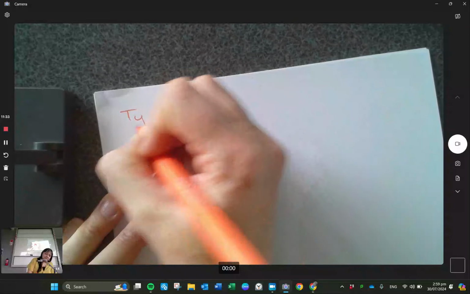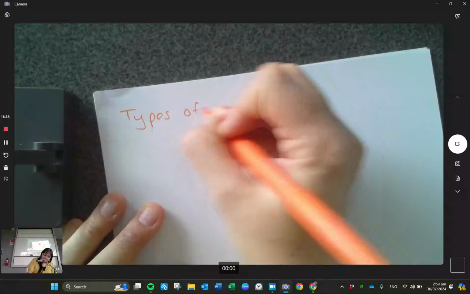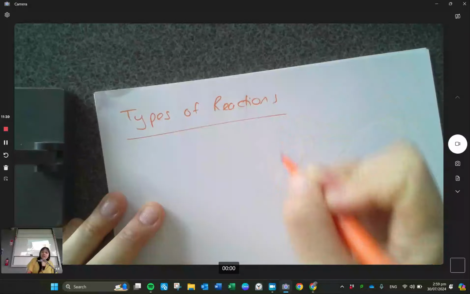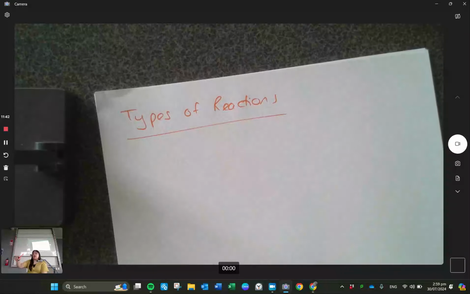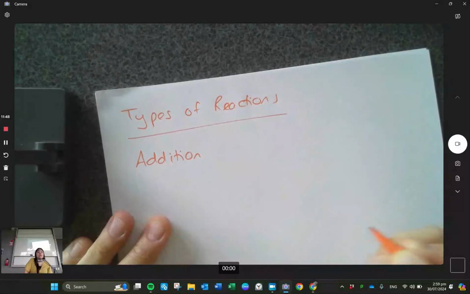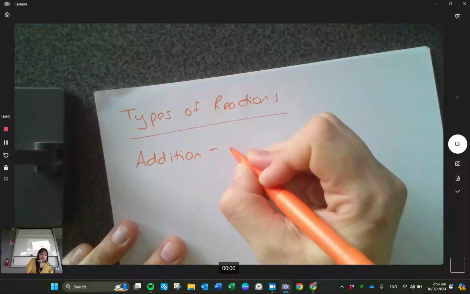All right. So the types of reaction. And in fact, you talked about two today looking at the notes. So the first one that we have is addition, which sounds like what it sounds like. You are adding to the molecule.